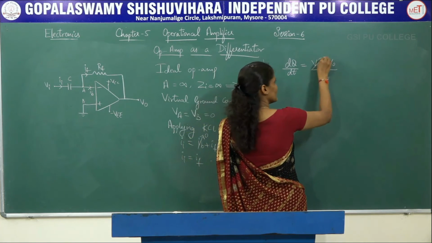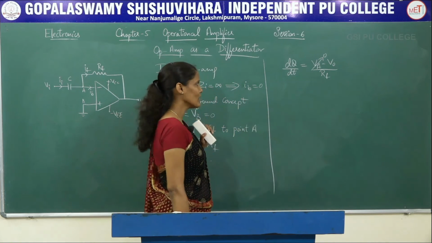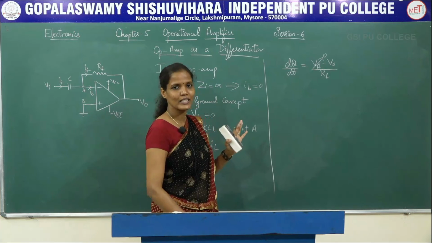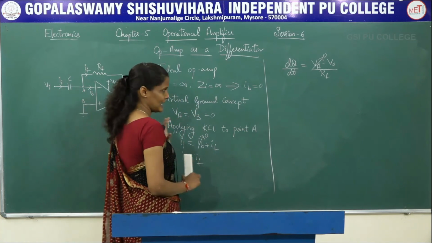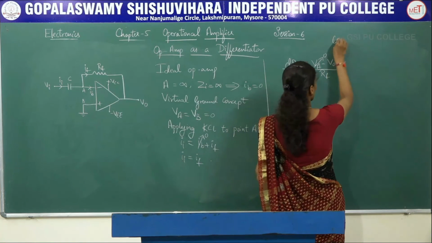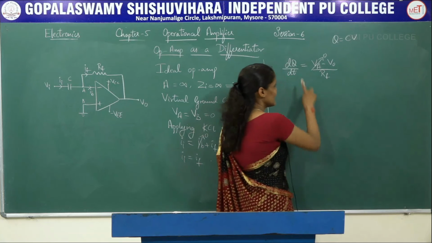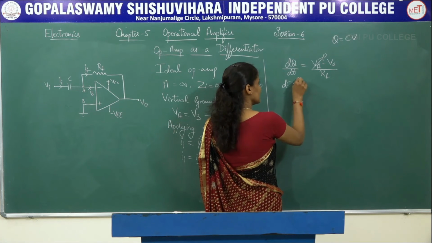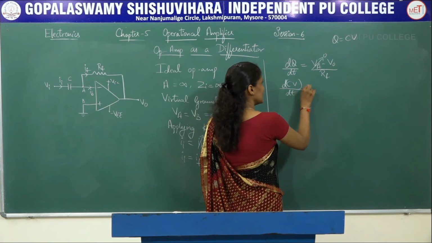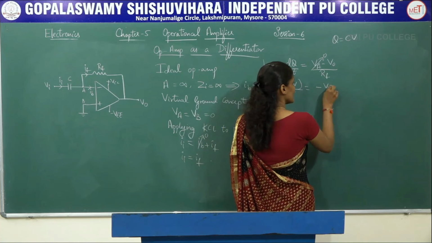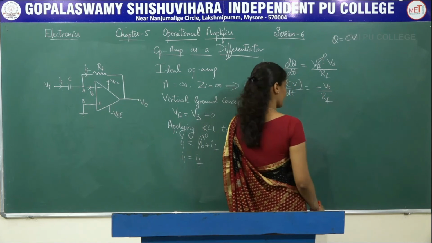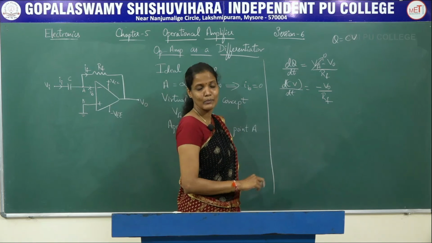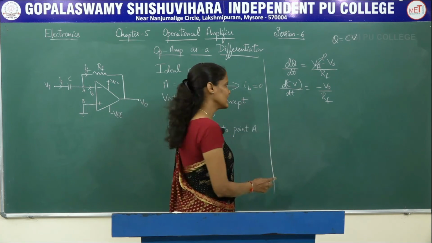But VA is equal to 0 because of the virtual ground concept. What is this Q? Q is nothing but the charge which is stored in the capacitor because of the current I. We also have the formula Q is equal to C into V, which I am going to substitute here. d of CV divided by dt equal to minus V0 divided by Rf, where C is the capacitance of the capacitor and V is the potential drop across the capacitor.